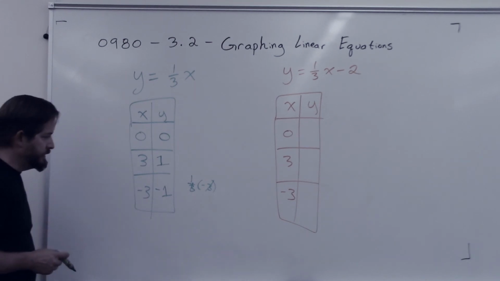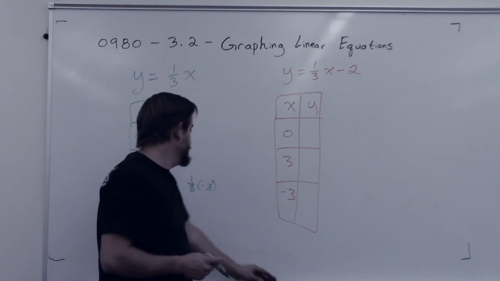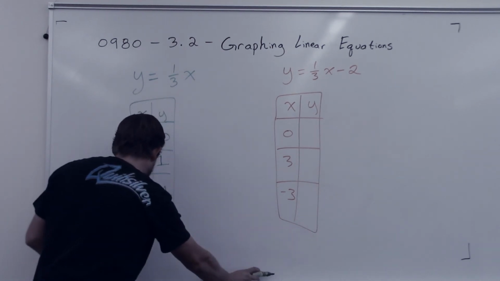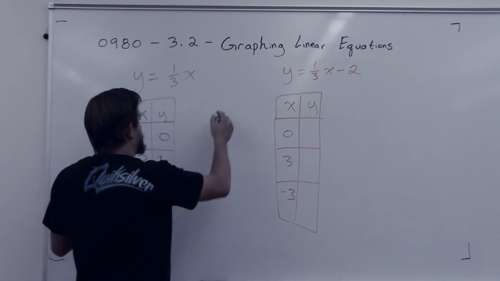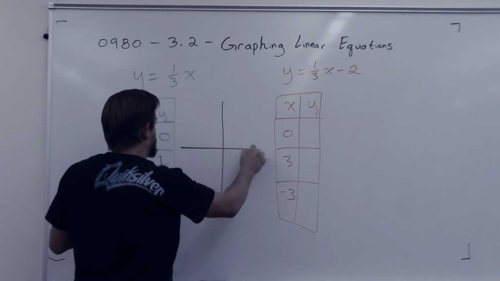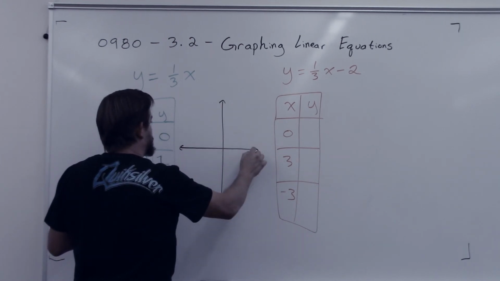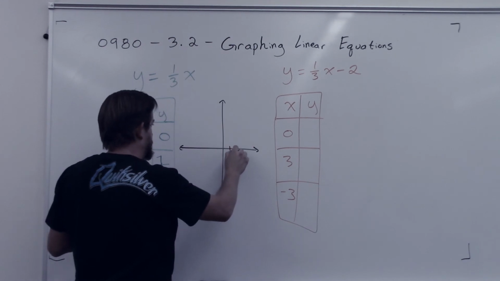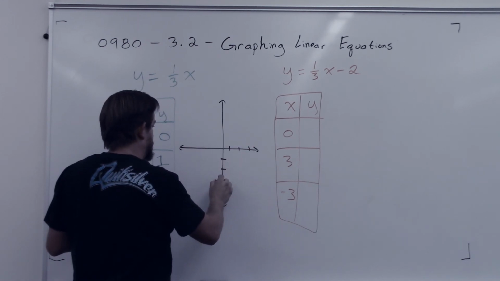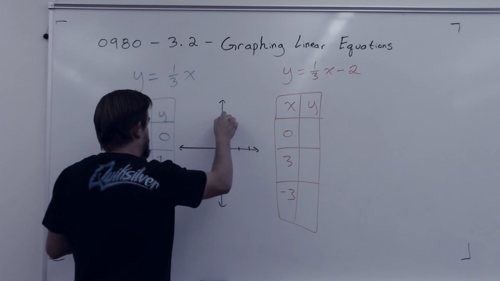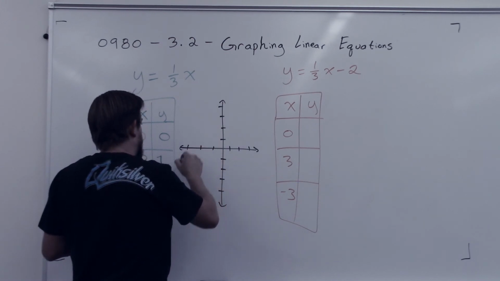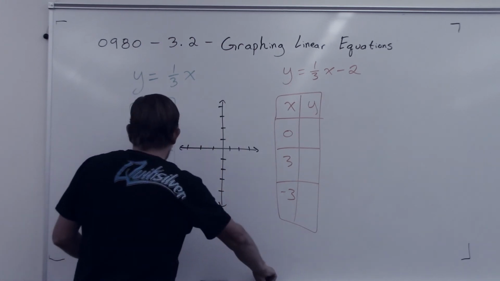So I have these 3. I'll graph that in a minute. In fact, let's graph it now. Doesn't matter. Graph it in between these two. Okay. So I have the point 0, 0.